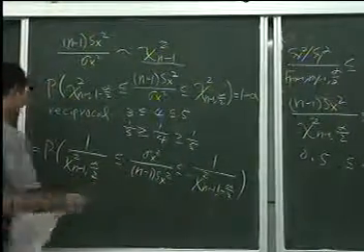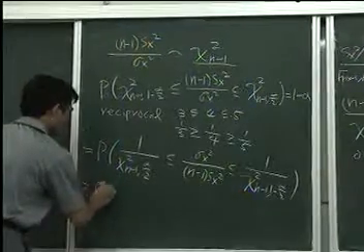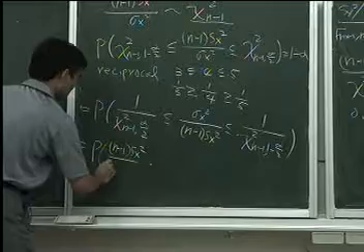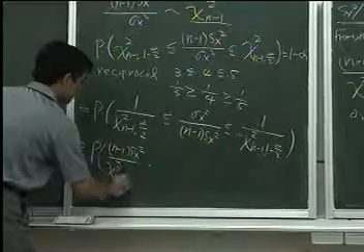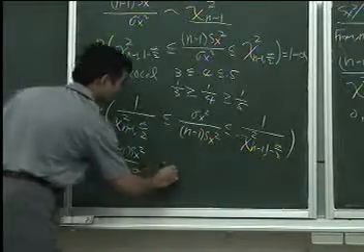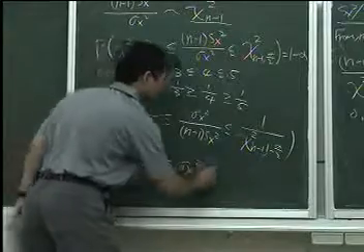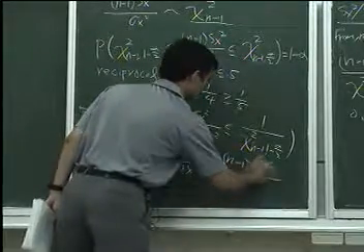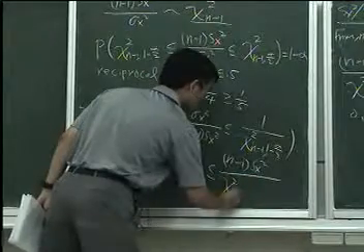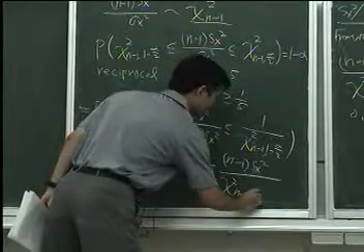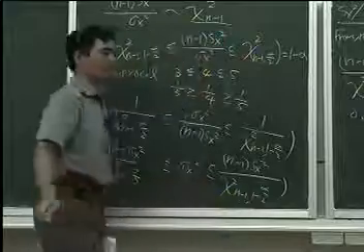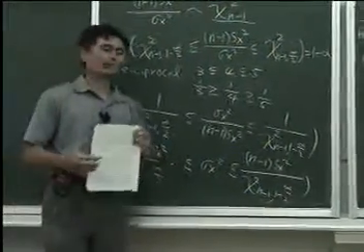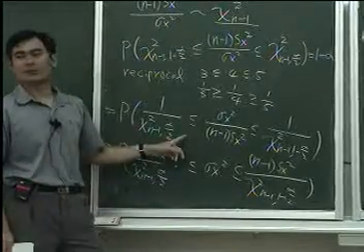Then you have P((m-1)S_x^2/chi-square_{m-1, alpha/2} <= sigma_x^2 <= (m-1)S_x^2/chi-square_{m-1, 1-alpha/2}) = 1 - alpha. So that's the formula there. If you want to estimate variance, this is the formula you will follow.